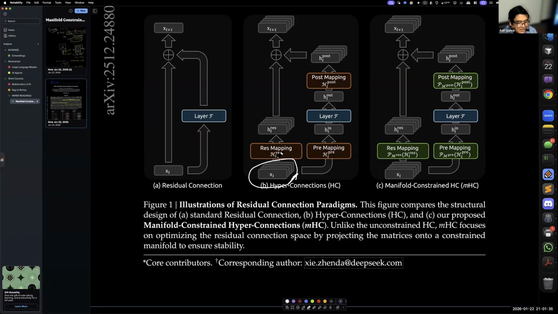And right away, you multiply with HRES. This picture has a little bit of a thing to do, but anyway. And then what you do is you collapse the signals into a single signal, because why? Your traditional attention layer or whatever it is, or feed forward layer, it is expecting a single signal. So it doesn't even know that the 4 signals are there.